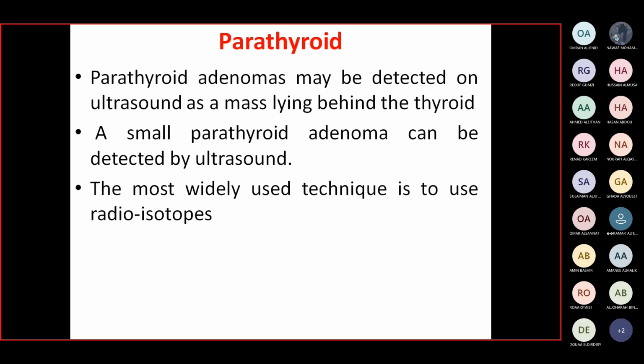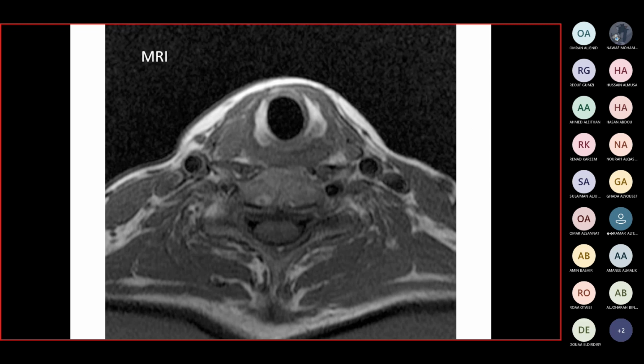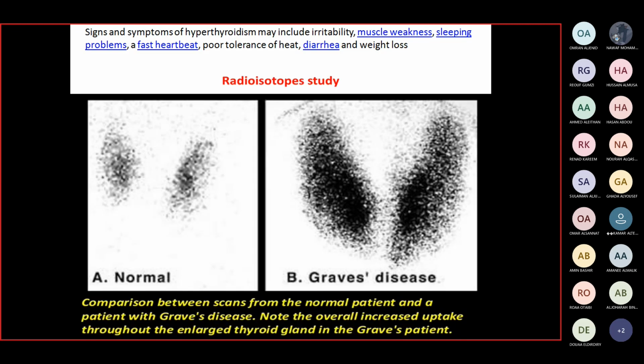Okay, the next. Doctor, I have a question. In the radioisotope study, does it indicate the uptake? If there is hypothyroidism, does it show or not? Yes, it can. Hypothyroidism or hyperthyroidism, function can be assessed by the uptake of the radioisotope. We also do thyroid function tests, which means taking blood to assess thyroid function.